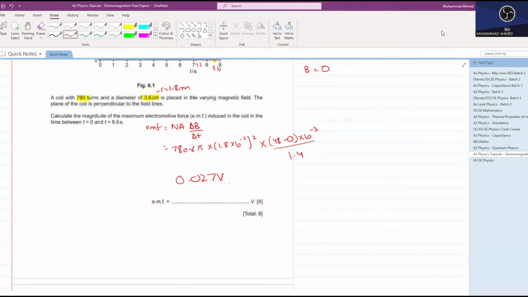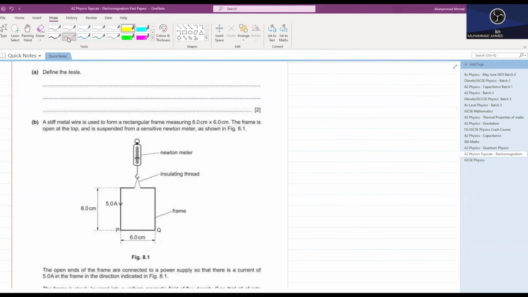Let's move on to the next question. Define the term Tesla. So Tesla is the unit of what? Tesla, T, is the unit of magnetic flux density. Okay, so how are we going to define Tesla? Very easy.